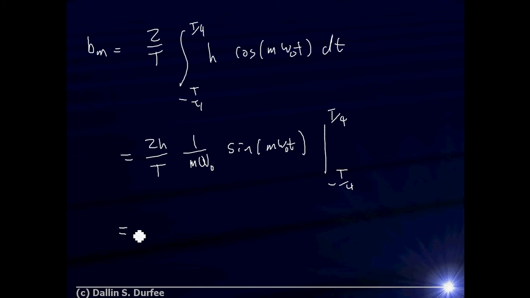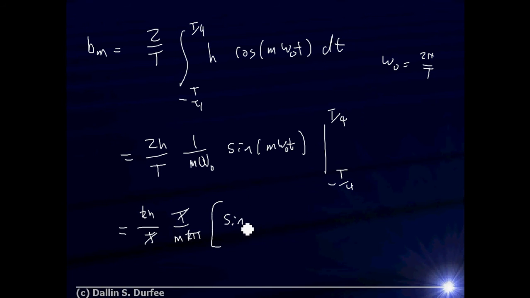First of all, let's look at this right here. I said that omega naught is equal to 2 pi over T, so let's plug that in. So we've got 2h over T, 1 over m, and then omega naught is 2 pi over T. My 2's cancel and my T's cancel. That's glorious. Then I evaluate my sine here.